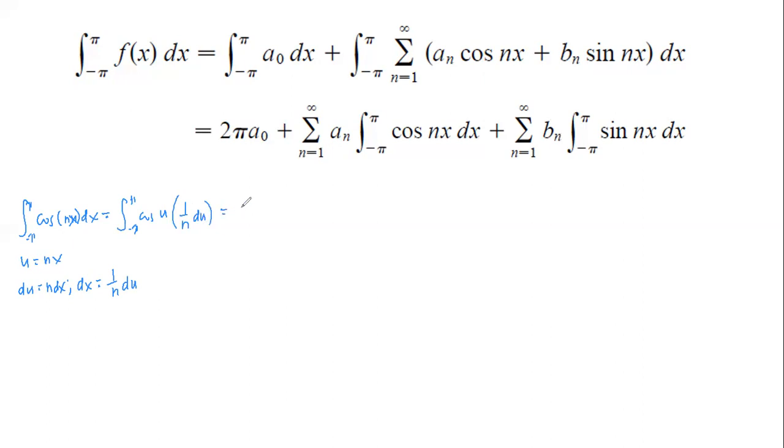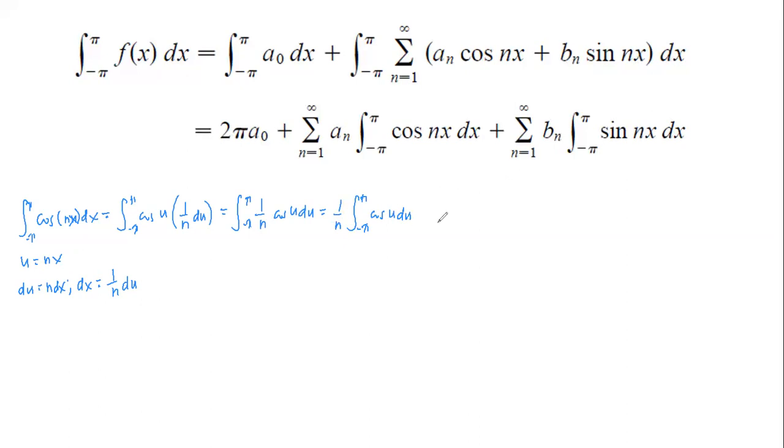After that, we can rewrite this in this form, with du. We're integrating in terms of variable u, so we can factor out 1 over n, cosine u du. Recall the integral of cosine u is sine u.